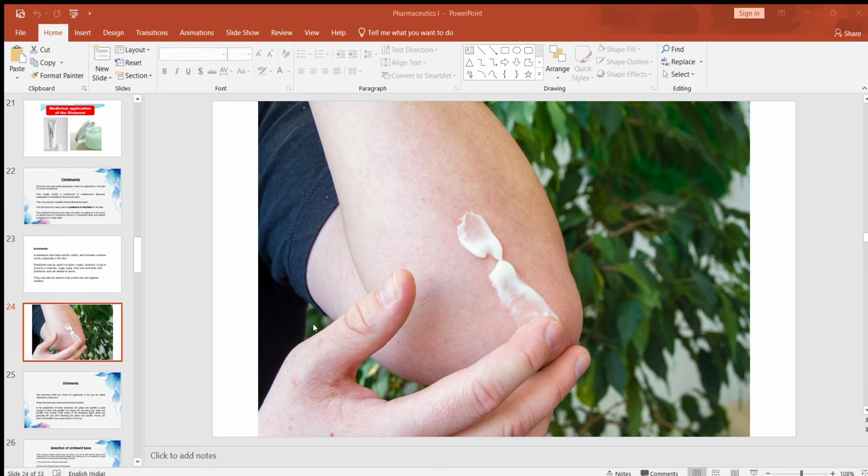Okay, sometimes more moisture retention may also increase absorption. More means imagine that the skin has now become almost wet after application of the formulation. Wet means more moisture, more water.